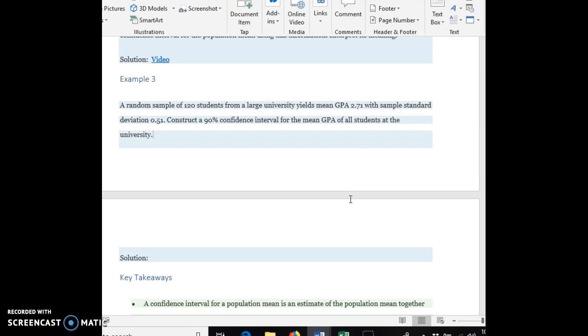We want to construct a 90% confidence interval for the mean GPA of all students at the university. So we're going to take a guess, in other words, as to what our population mean is, and we're going to have 90% confidence in that interval that we come up with. Okay, so let's start out the same way, a 90% confidence interval.